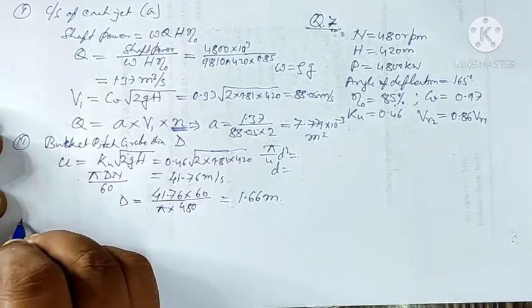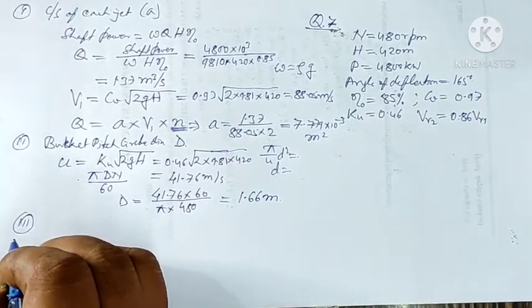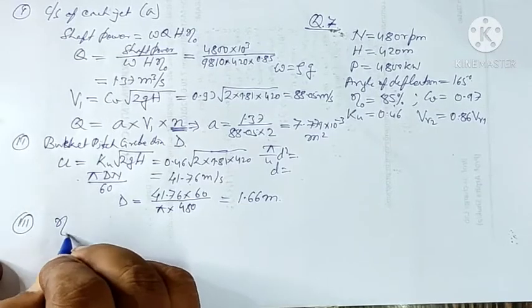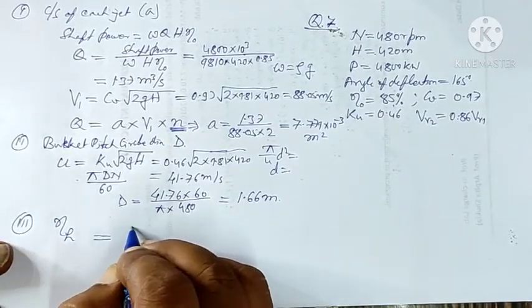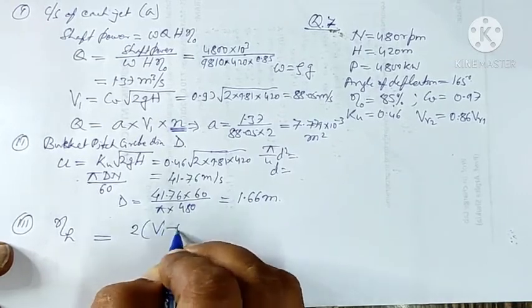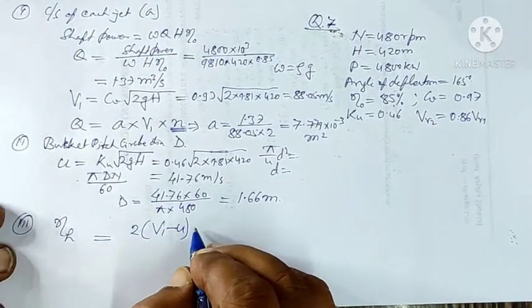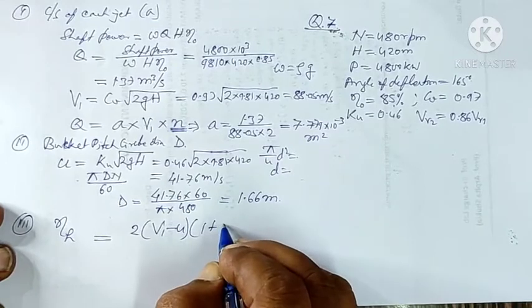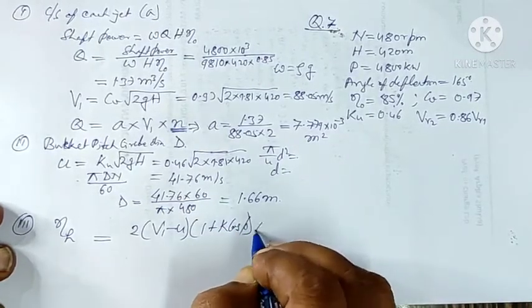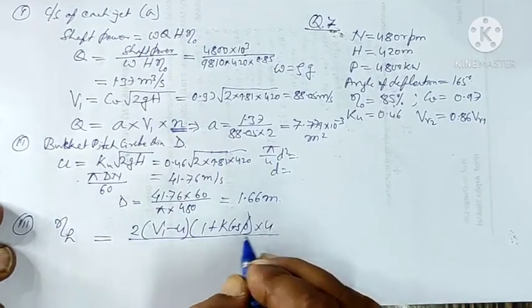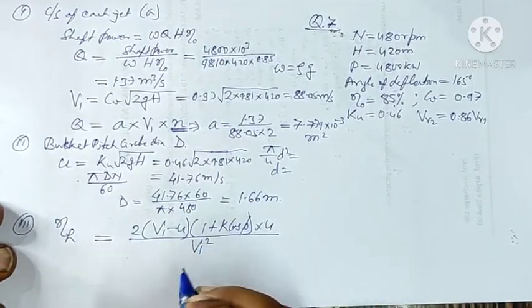And third required is the hydraulic efficiency of the turbine. Hydraulic efficiency of the turbine is given as 2 V1 minus U into 1 plus K cos phi into U divided by V1 square.